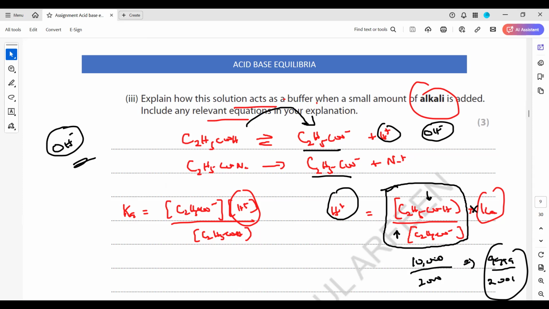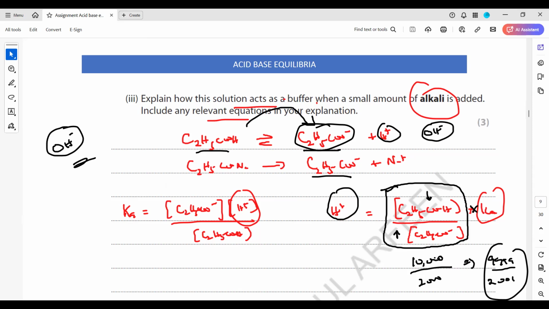But how you write the answer, as I mentioned, try to learn the structure of the answer for this. First, whenever you see a question about an acid buffer, you mention there is a large amount, or a reservoir, of conjugate base. This is the acid, so this is the conjugate base.